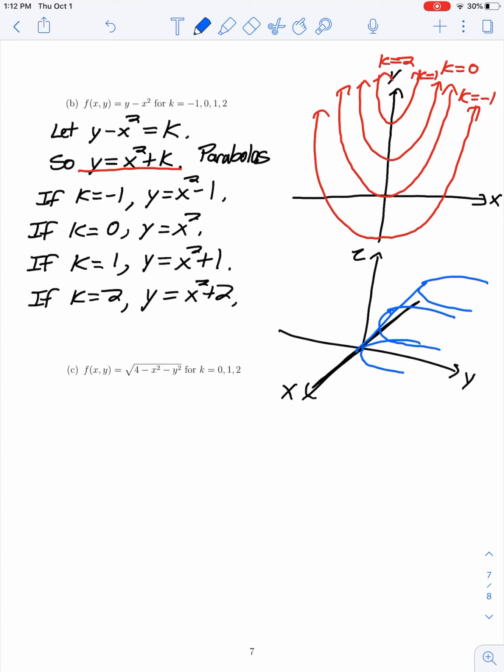So we have a sort of parabolic cylinder shape, but where this appears to be on an angle, a slanted parabolic cylinder for our surface.